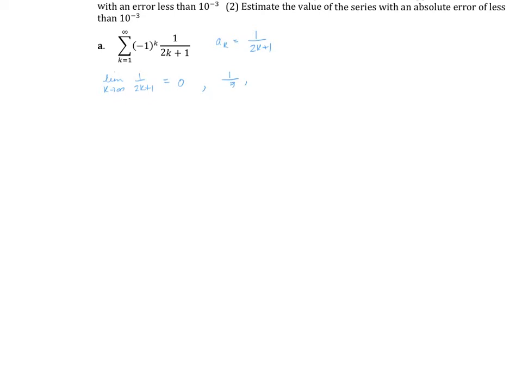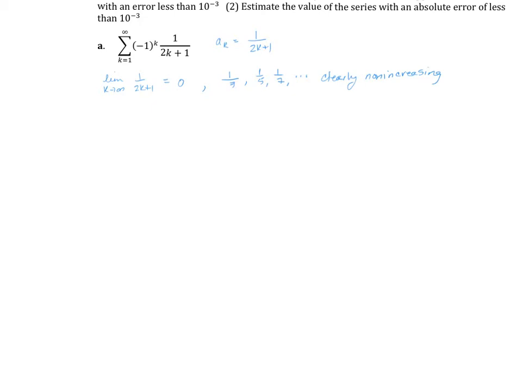If k is equal to 2, and I'm just looking at the a sub k, the magnitude, ignoring the negative, I have 1 over 5. If k is equal to 3, I have 1 over 7, and so on. So I can see that this is clearly non-increasing. Again, that's because the numerator is constant. The only thing changing is the denominator.